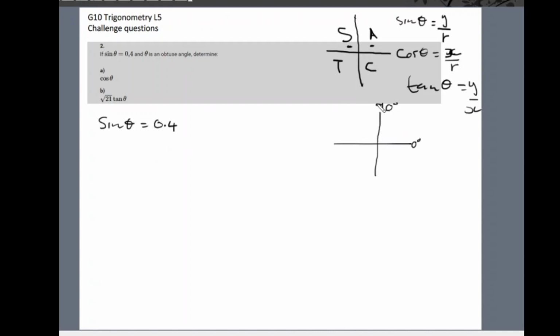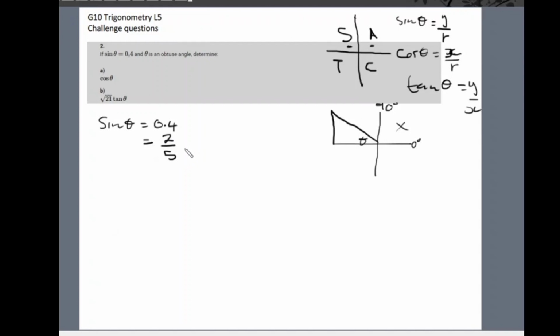An obtuse angle is greater than 90 degrees, which means we are not in the first quadrant, but we are in the second quadrant because sine is positive there, right? And then babuye basitshela ukuthi sine is equals to 0.4. Now thathi calculator yakho lapho press u0.4, you will see ukuthi this is 2 over 5.